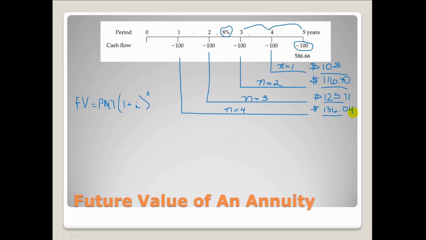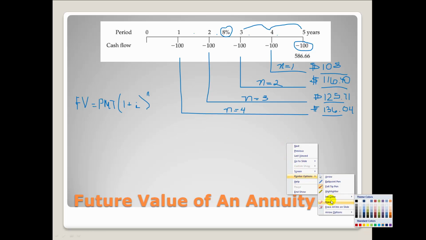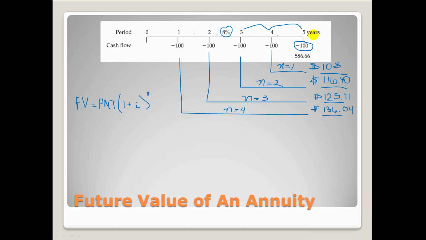So probably our final calculation is going to be a little bit off from what we're looking for. Now, I want to caution you on something. When we go to add all these numbers together, we cannot forget to add this 100, because just because we're not earning any interest on this 100 right here doesn't mean we're not going to include it in the annuity payout.